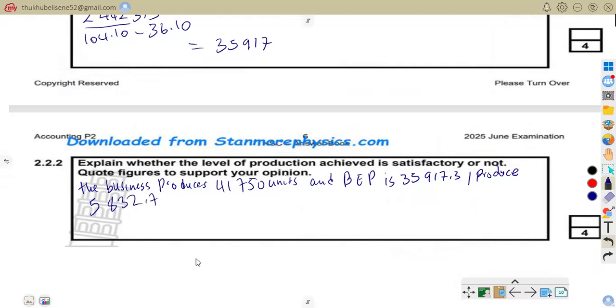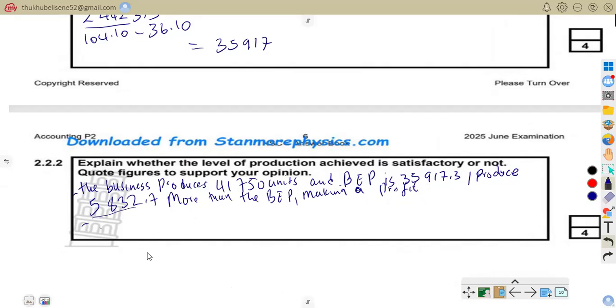So it means the business is making a profit because this is more than the BEP, more than the BEP, making a profit. This is our profit.